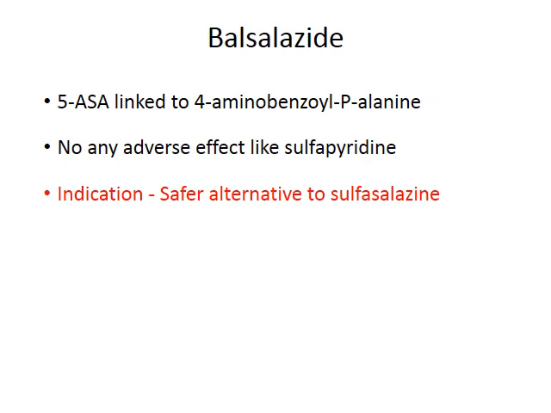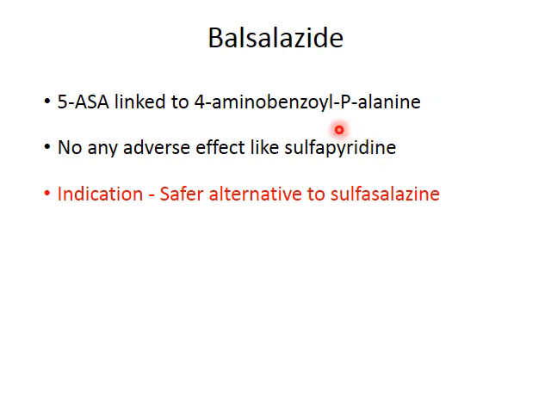Balsalazide is one in which 5-ASA is linked with a component known as 4-aminobenzoyl beta-alanine. This substance is an inert carrier for 5-ASA. Like sulfasalazine, where the inert carrier is sulfapyridine, but when sulfapyridine in sulfasalazine is absorbed, it is responsible for various adverse drug reactions.